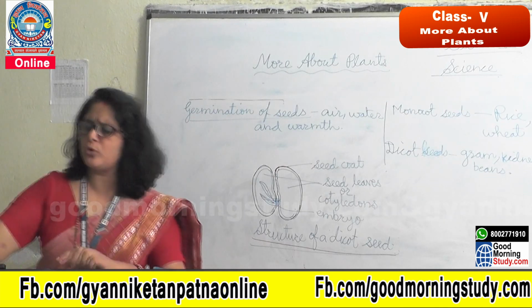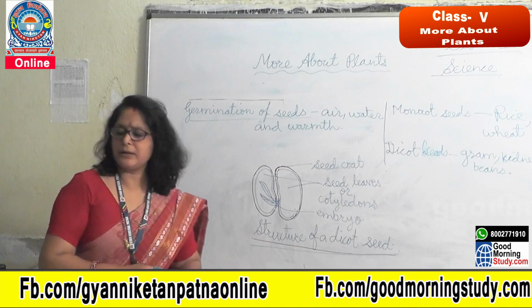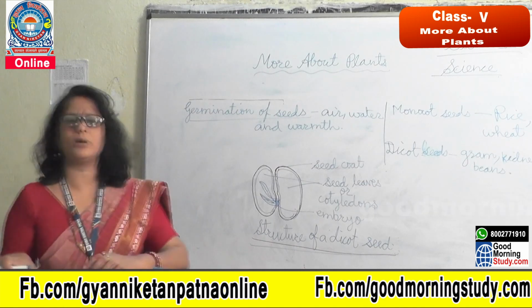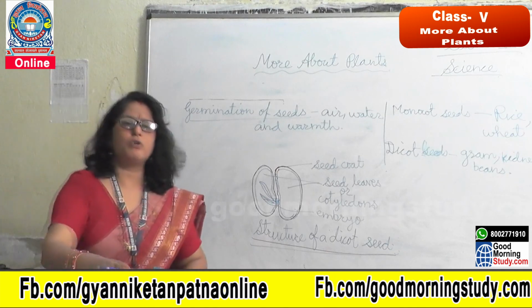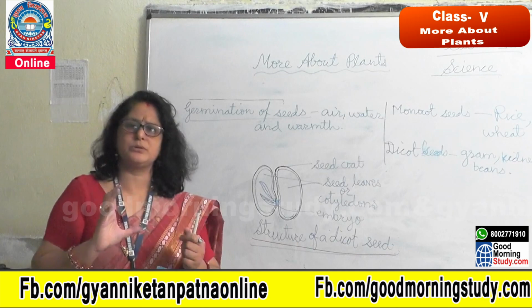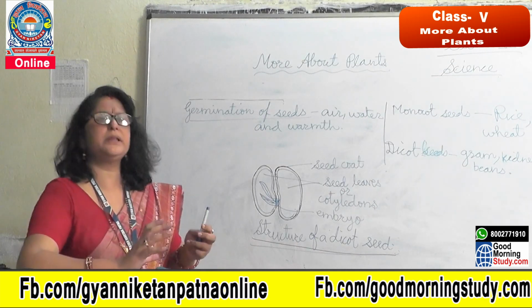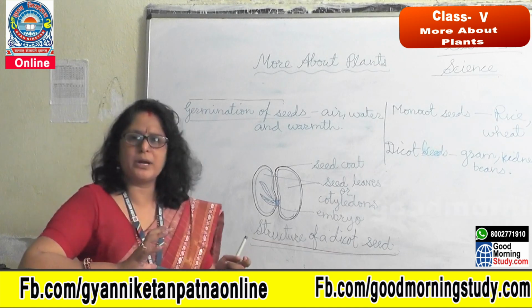We can prove with the help of an activity that all these things are required for the germination of seed. What will you do for this activity? You just take 3 bowls, either plastic or glass, any bowls you can take.